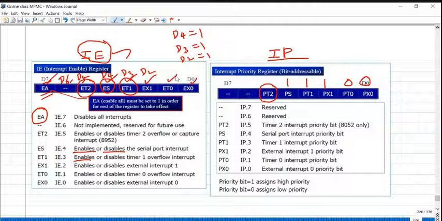Serial interrupt D4, correct? Next, timer 0 interrupt, meaning this one, D1. That's the question, no?